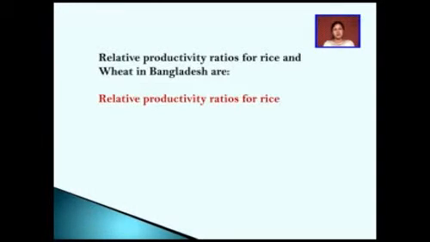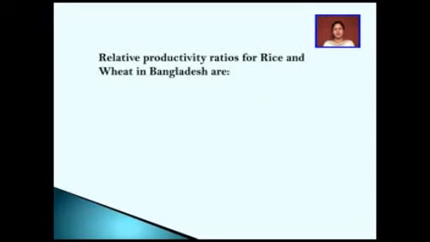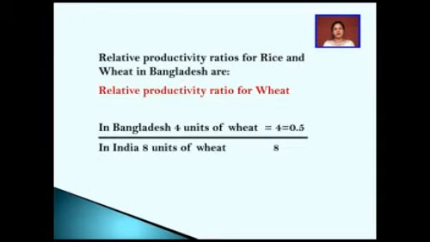In the same way, we can calculate the relative productivity ratios for rice and wheat for Bangladesh. 8 units of rice produced by Bangladesh divided by the 20 units of rice produced by India, that is 8 divided by 20, and it will come to 0.4. The relative productivity ratio for wheat in case of Bangladesh can be calculated as 4 units of wheat produced by Bangladesh divided by 8 units of wheat produced by India.